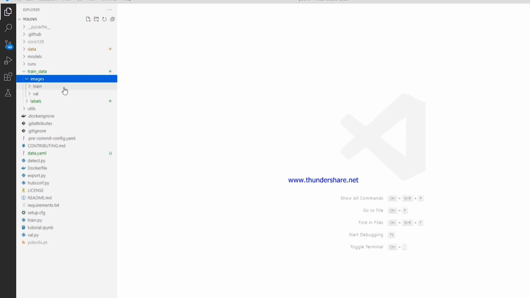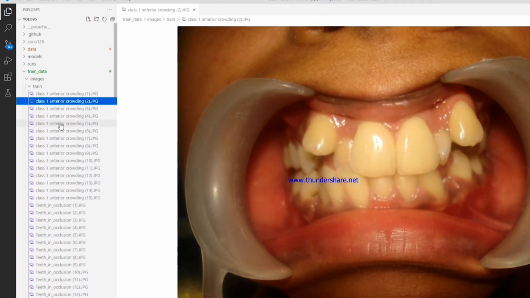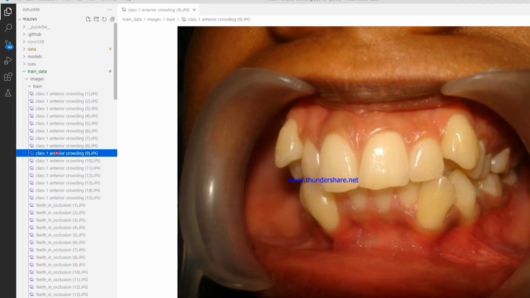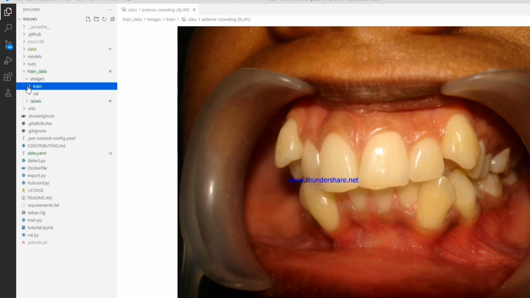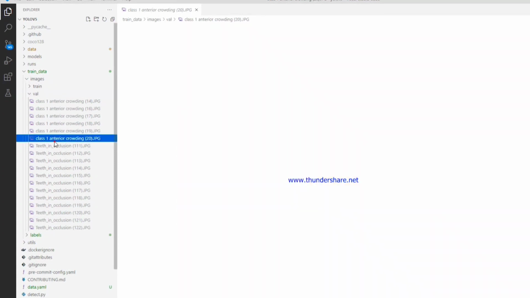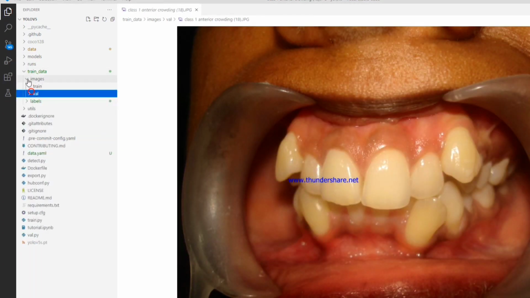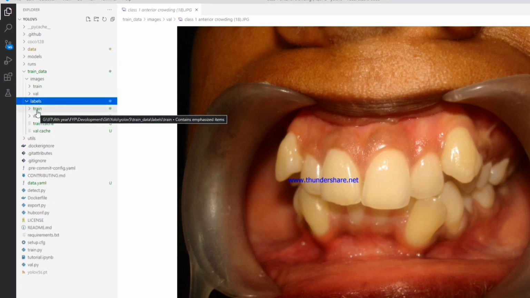One folder is set as train, which has all the data and images that we'll be using for the training segment. And then we have the validation folder, where we'll be using these images to validate the coming output. And if we go to the labels folder, it will contain all the annotations related to the above-mentioned images folder.